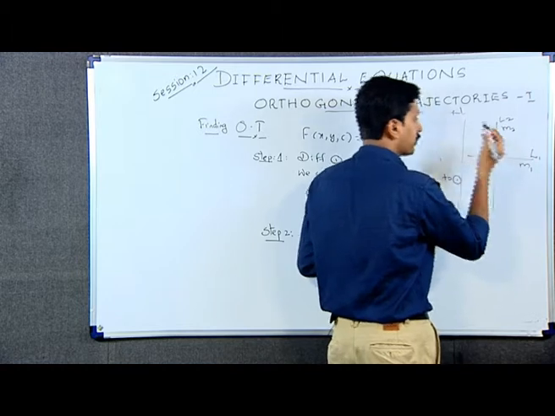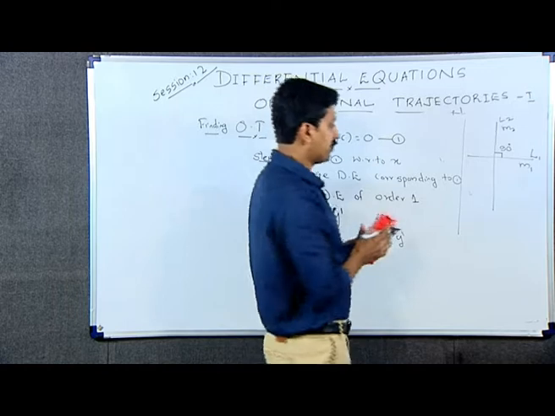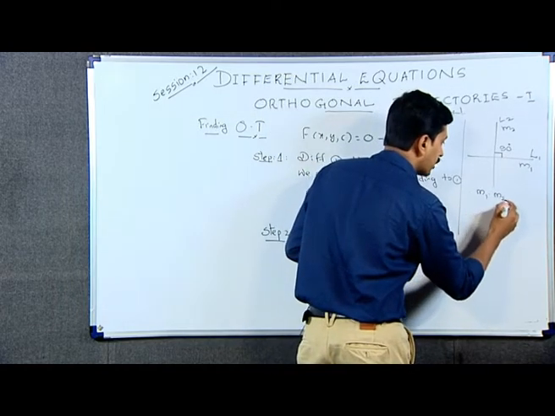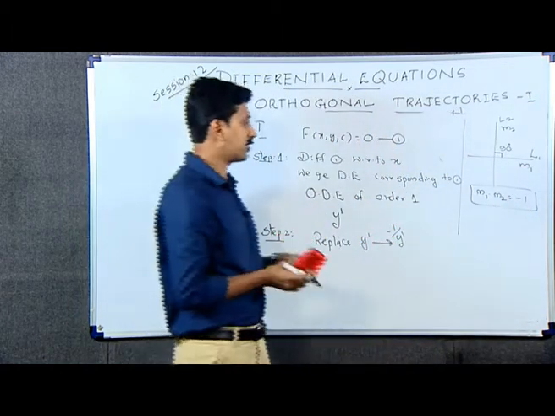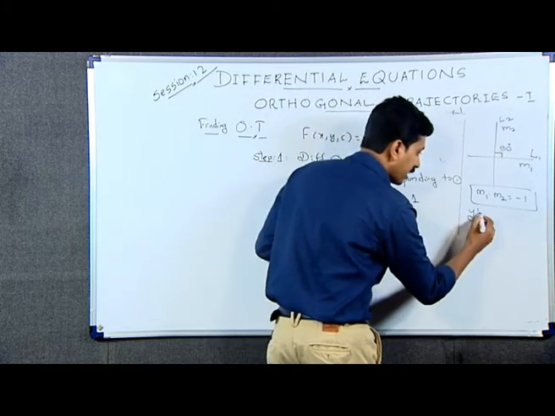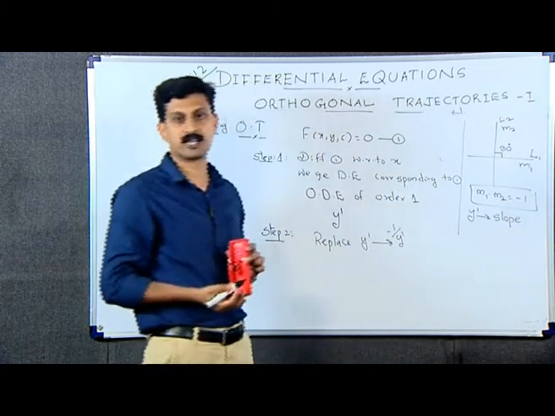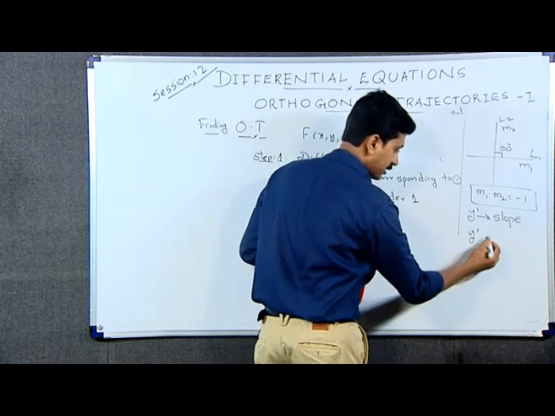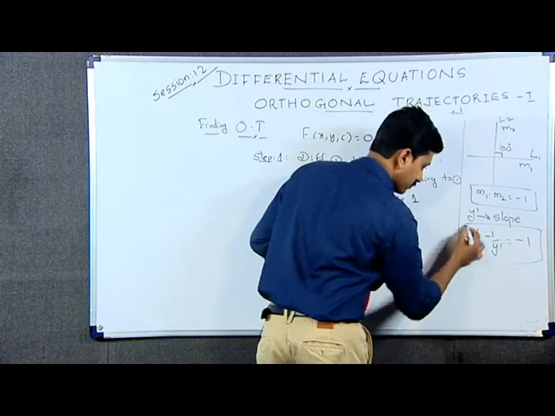If they are perpendicular, that means they create an angle of 90 degrees, and the product of their slopes m1 into m2 is equal to minus 1. We already know this, and we treat y dash in most applications as the slope of the tangent line, so y dash into minus 1 by y dash is equal to minus 1.